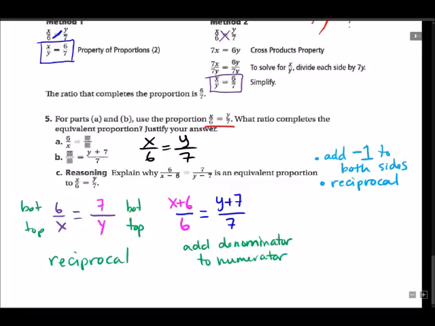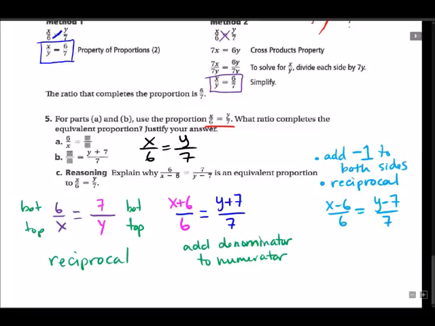Well, this time I'm adding a negative 1 to both sides, and then I'm taking the reciprocal. So let's look at this. If I do x minus 6 over 6 equals y minus 7 over 7, subtracting 1 and adding 1 are essentially the same thing, right?